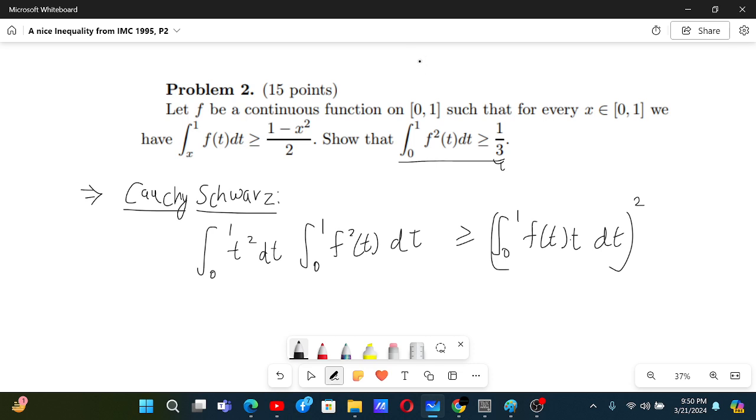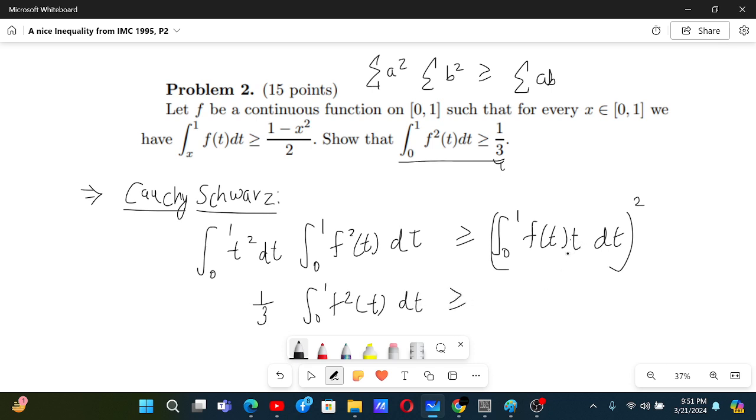In the sum form it was the sum of a squares times the sum of b squares greater than or equal to the square of the sum of ab. And in the integral form it's like this. Now this is just 1 by 3 times the integral from 0 to 1 of f squared t dt, greater than or equal to.